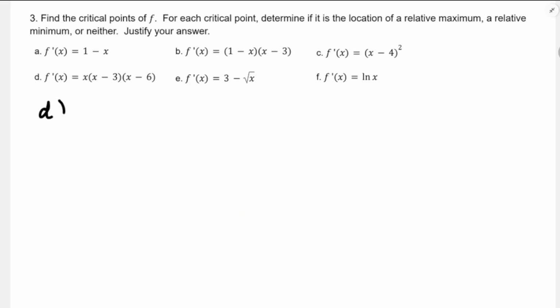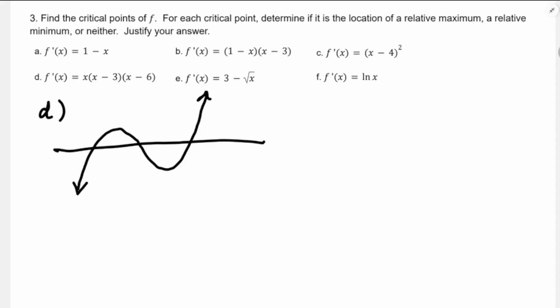All right, in D we've got 3 factors and they're all distinct, and this would make a third degree polynomial with a positive leading coefficient. I'll draw it so that there's 3 different roots: x equals 0, x equals 3, x equals 6. All right, so thinking about a maximum, that's going to be a place where the derivative goes from positive to negative.